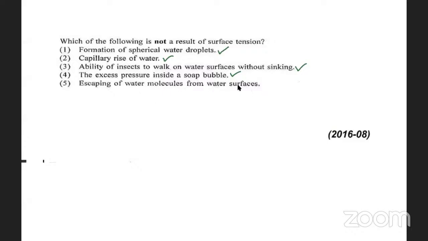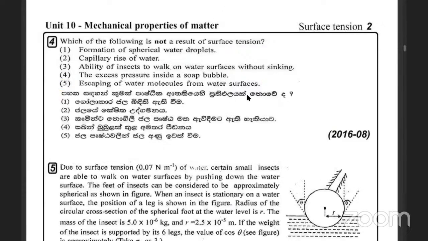They are trying to mention the words water surface to confuse you, but escaping of water molecules happens because of energy, and has nothing to do with surface tension. Surface tension is responsible for the formation of liquid surface. In the first four, liquid surfaces are formed. Therefore, the answer is the fifth one. Done. We'll move on to the next question quickly.